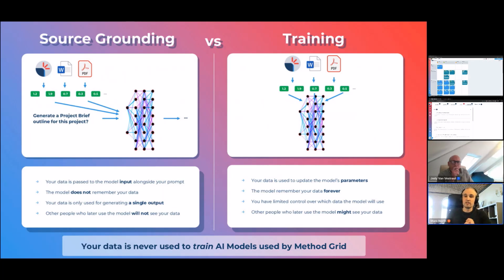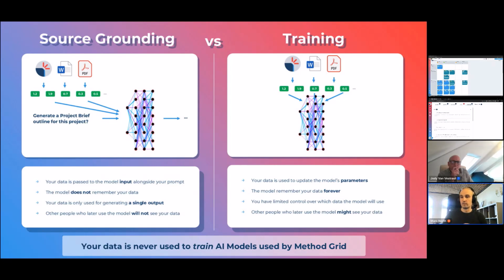So what we do instead is, when we ask the AI model to do something, whether we're asking it a question or asking it to generate content within a project in MethodGrid, the first thing is it goes away to all of your different sources, your information, your organizational knowledge. It finds the relevant bits of information, puts them into a form that the AI can understand, and then passes those to the AI model along with your prompt. The important point is the AI model does not remember that data.